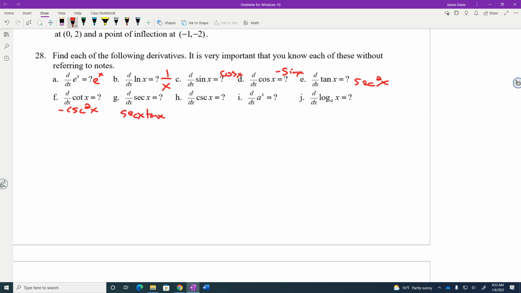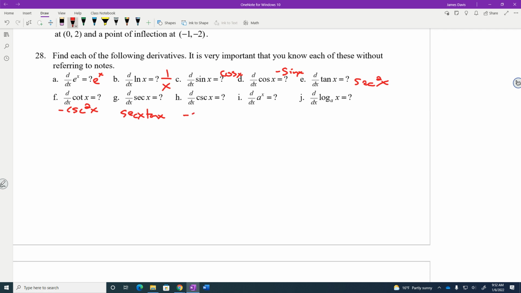So remember these patterns. Sine and cosine are a pair. Tangent and cotangent behave similarly. Tangent is secant squared. Cotangent is minus cosecant squared. Same with secant and cosecant. They're a pair in that they both have this double trig function. So the derivative of secant is secant x tan x.